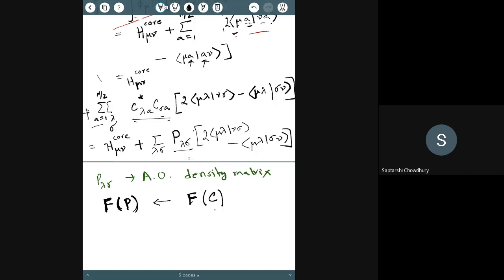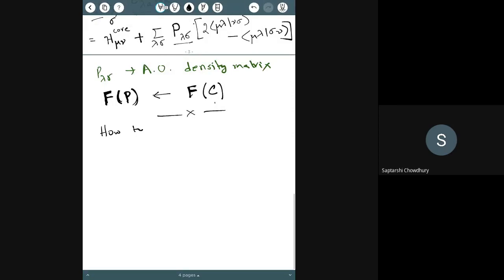We will now go back to solving the Roothaan equation. So how will we solve FC equal to SC epsilon?